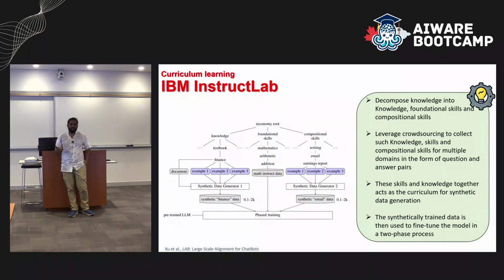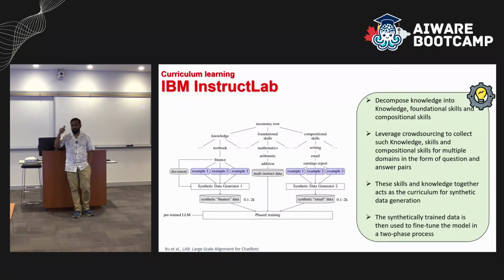And the nicest thing that they did was that for each task, all it takes is for someone to provide 5 question and answer pairs that represent the compositional skills and foundational skills, and 5 snippets of knowledge.